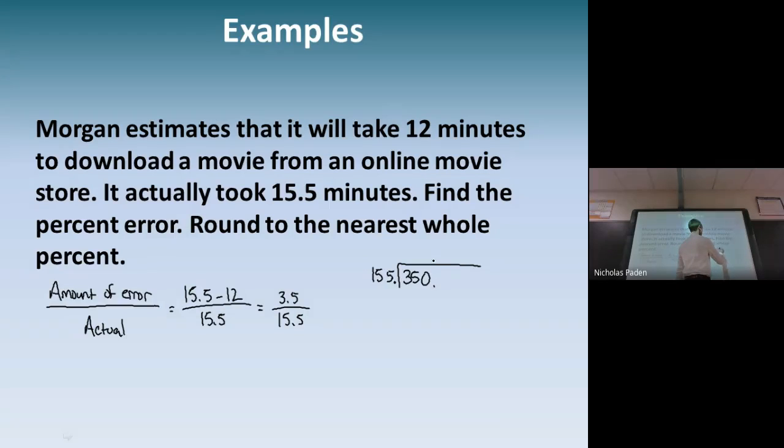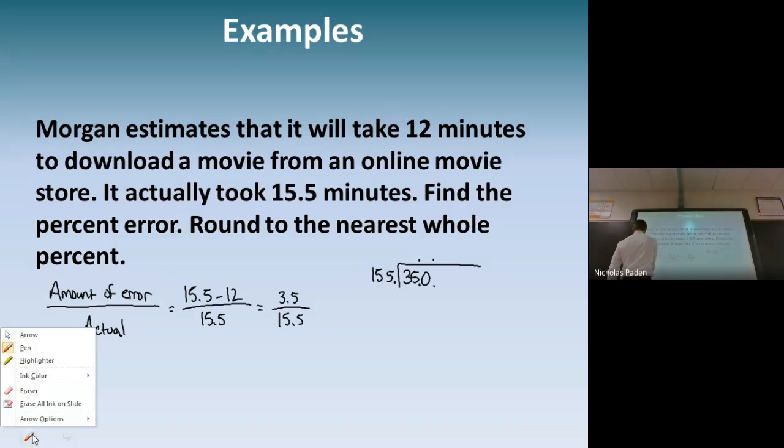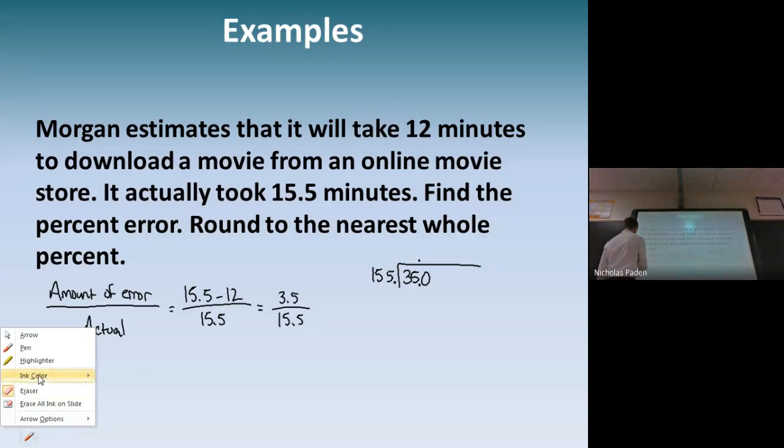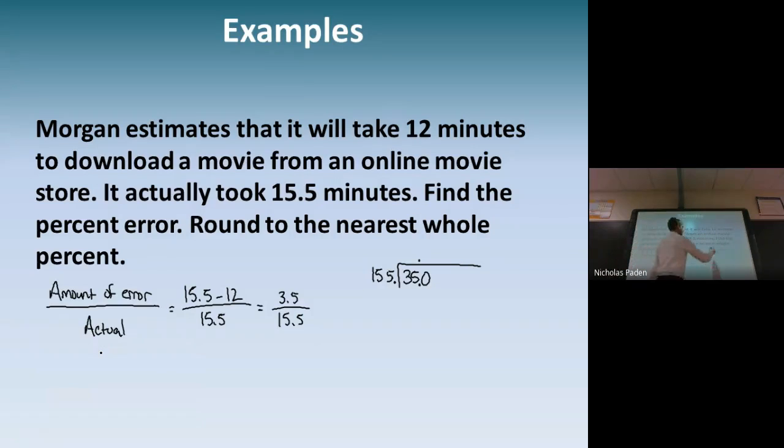So add a 0 and pull it up. 155 goes into 350 2 times. Oh, I'm sorry, the decimal point should be right here. Decimal point should be right there in between the 5 and the 0. It was 3.5, and then we moved it. Okay, so 155 goes into 350 2 times.